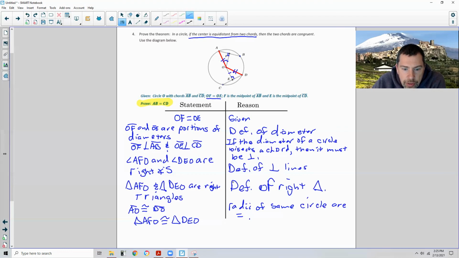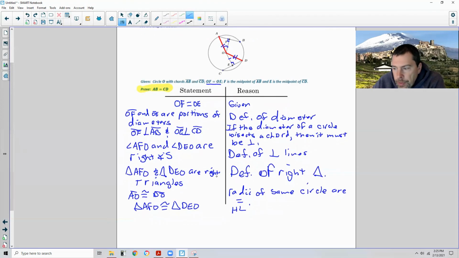So that's hypotenuse leg. That's the reason for the congruence. Okay. Now that I've said that, I can now say the segment AF is equal to segment DE. The length of AF is equal to the length of DE, and that is corresponding parts of congruent triangles are congruent.